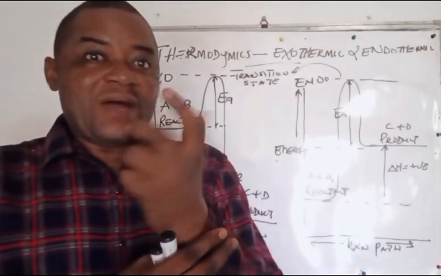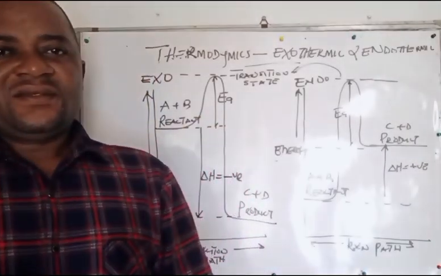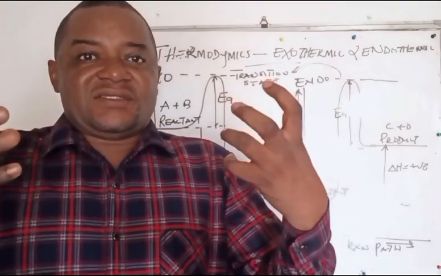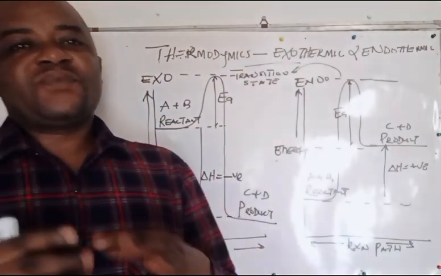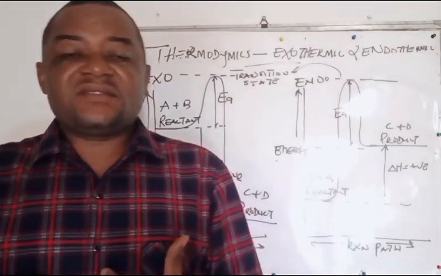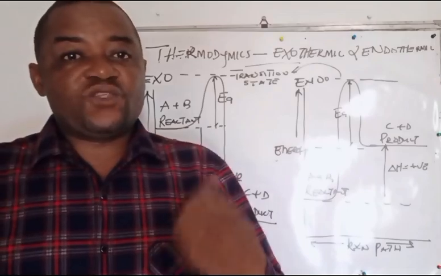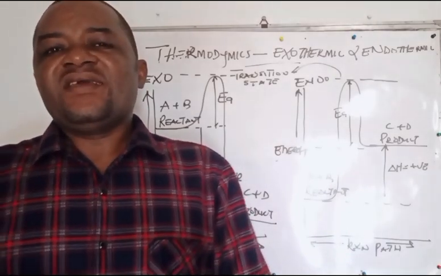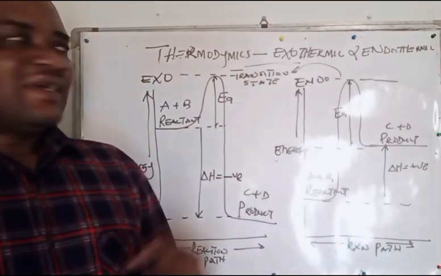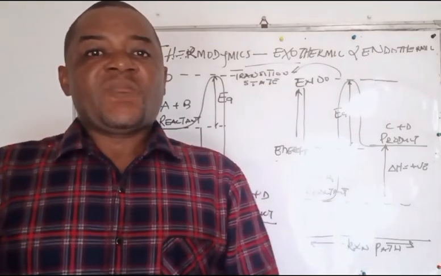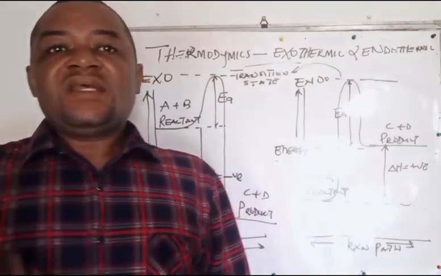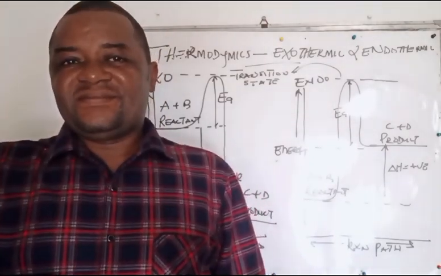Some are glow bangles, some are glow rings that glow light at certain processes when the reactions in them start occurring. Some you fling them in this way and they glow light. Do you know that they are also exhibiting exothermic reactions, because they are rather sending outward light from the system?